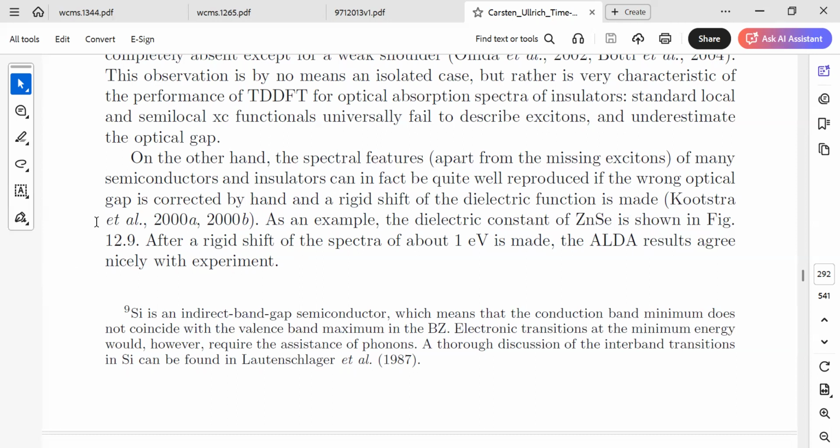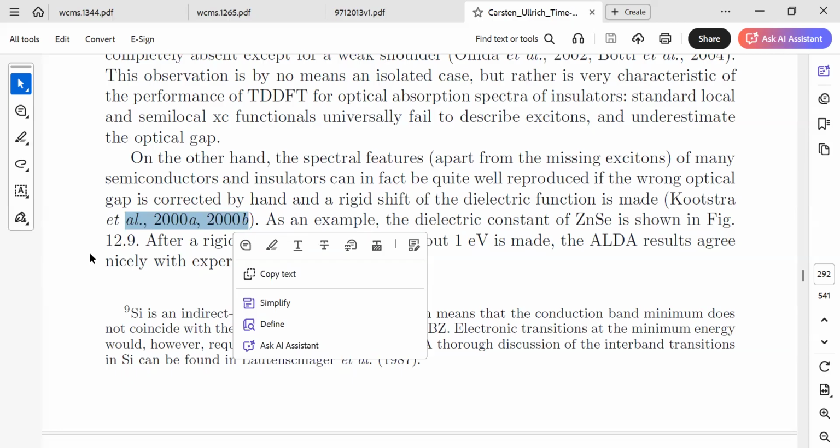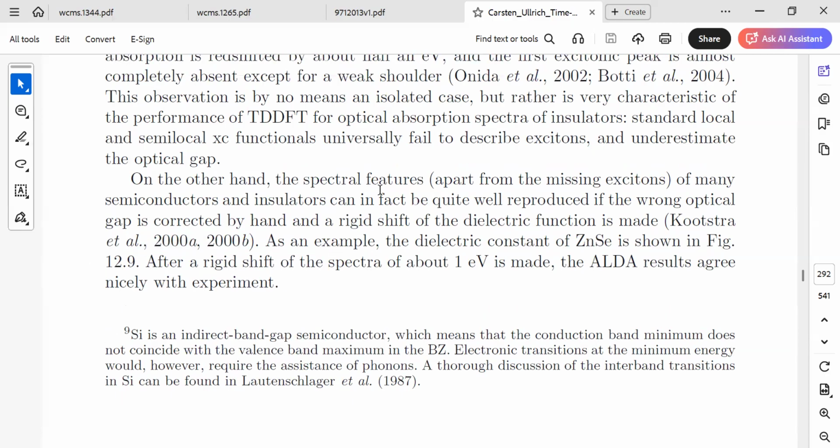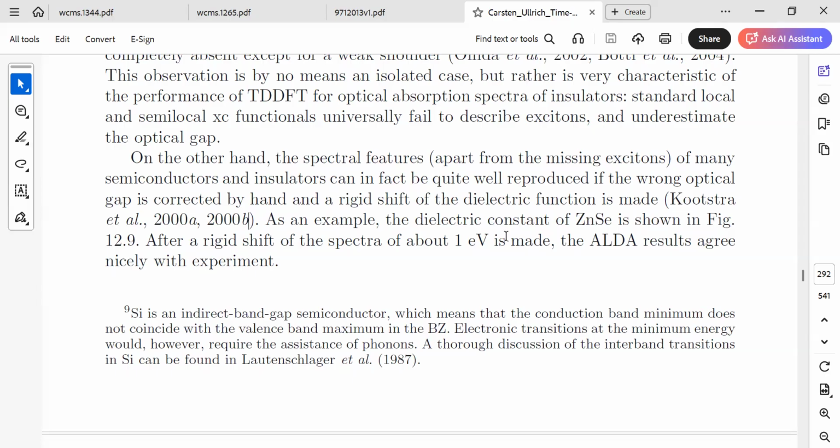This is described in this paper by Kootstra in 2000.